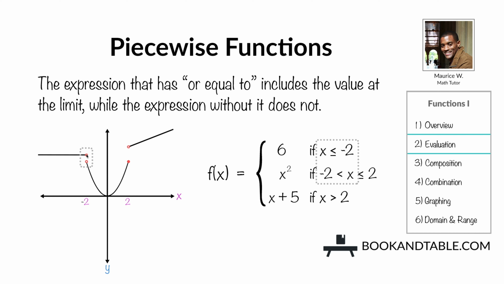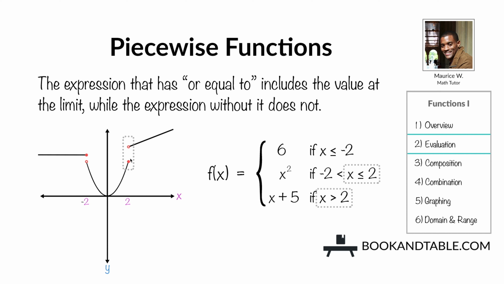So that circle is filled in. That means here at this interval, which starts at the same number, negative 2, x cannot be equal to that value, because at negative 2, it's already equal to 6. So that is why this circle is empty. At negative 2, the expression is equal to the one that is filled in, not the one that is empty.